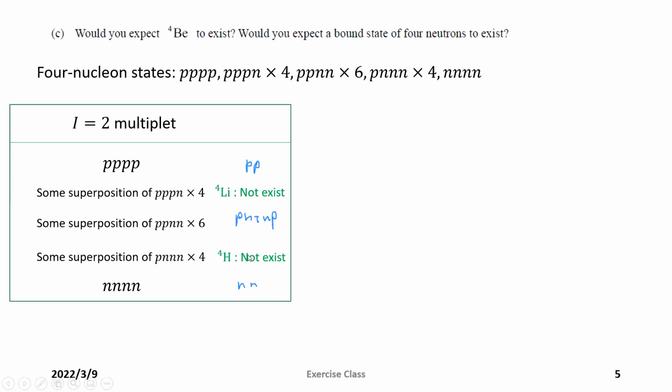But we are given in part A that they do not exist. And so according to our previous discussion, we can know that all the states in this multiplet cannot exist. And so the beryllium-4, which is the state of PPPP, and also the state of NNNN should also not exist.